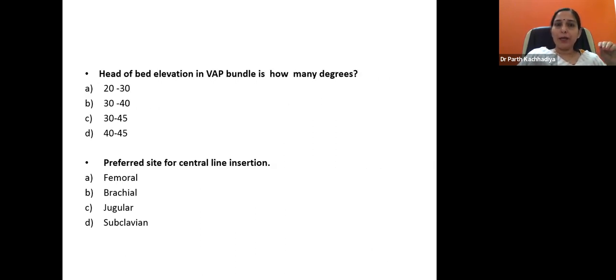In the VAP bundle, the rate of bed elevation is how many degrees? 20 to 30, 30 to 40, 30 to 45, or 40 to 45 degrees? Preferred site for central line insertion: femoral, brachial, jugular, subclavian.